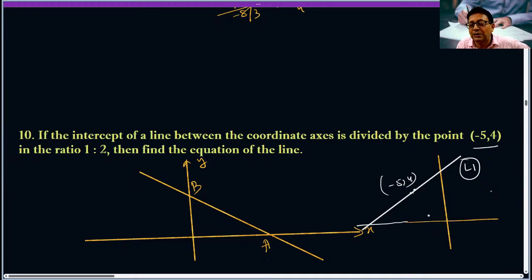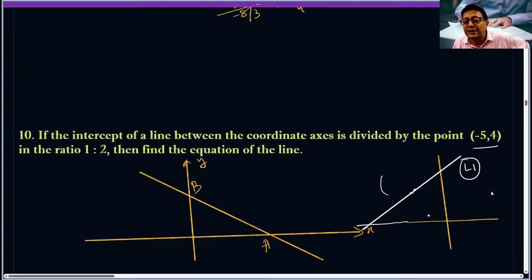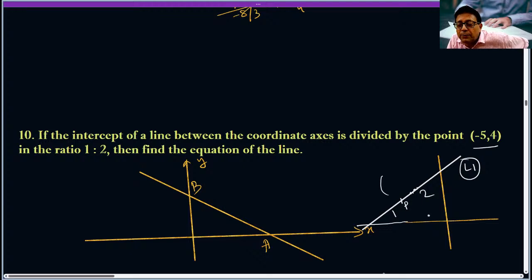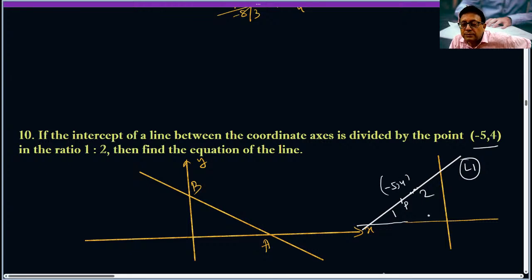Now two questions arise for the ratio. Will I take this as 1 and this as 2, or from here it is 1 and here it is 2? Normally we consider from this point, from the x-axis. The point is minus 5, 4.